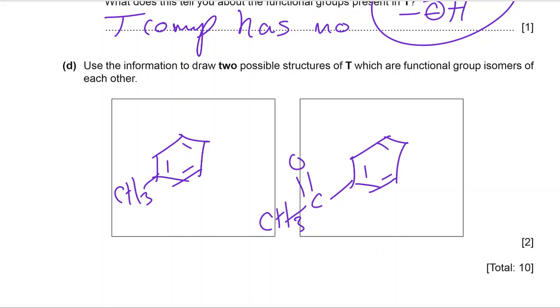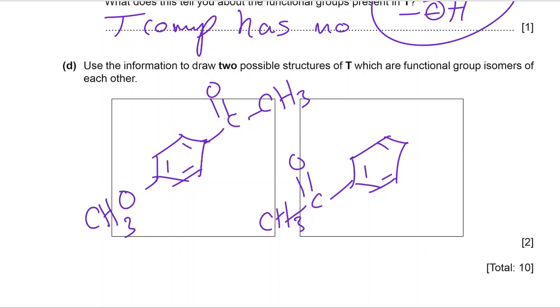As we have 7, here for example, this one should be CH3 and this one CH3.